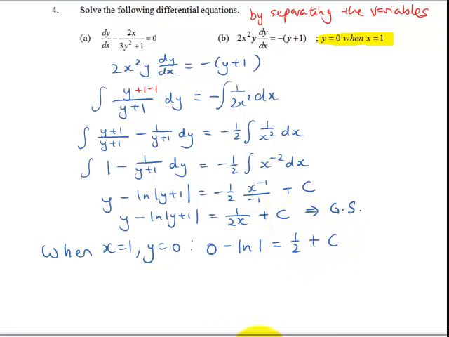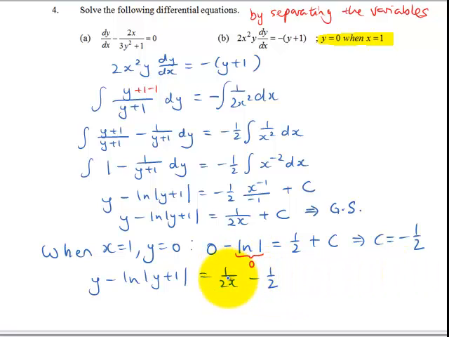So if you press the calculator, you will know that ln 1 is 0. So I'm left with c equals negative half. So with that, I can put the value of c back into this, plus c, so c is negative half.